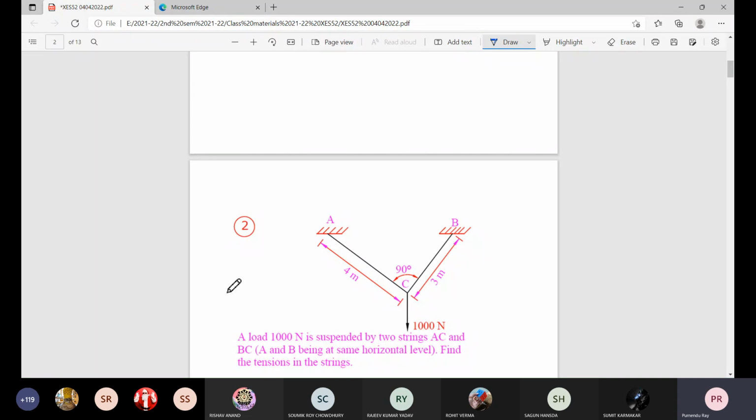3, 4 and 90 degrees, definitely you have this distance, 5 meters. This is 5 meters. And if this angle is theta 1 and this angle is theta 2, then what about sine theta 1 and cos theta 1?